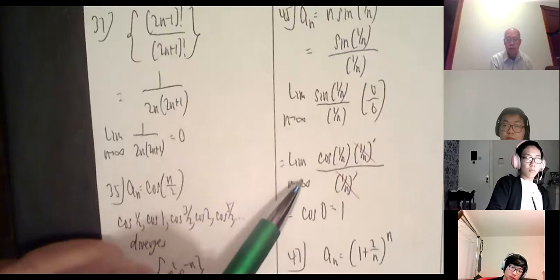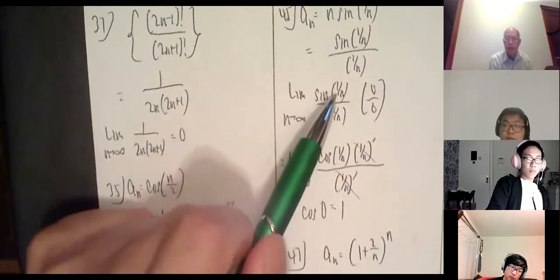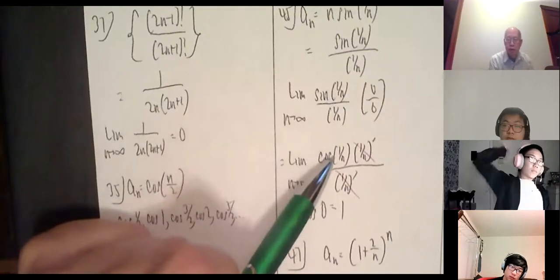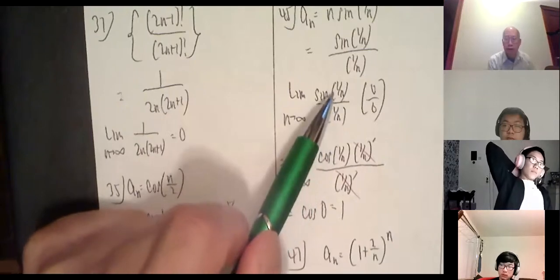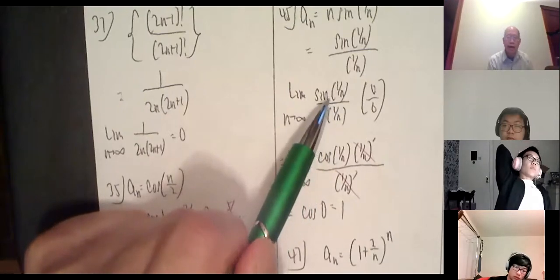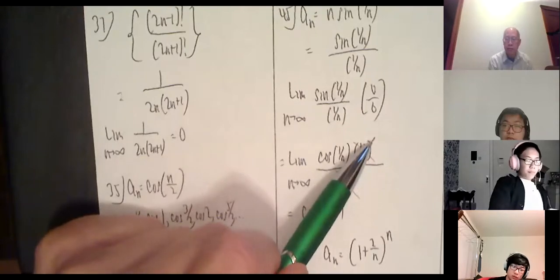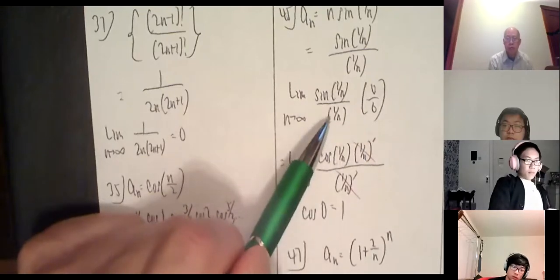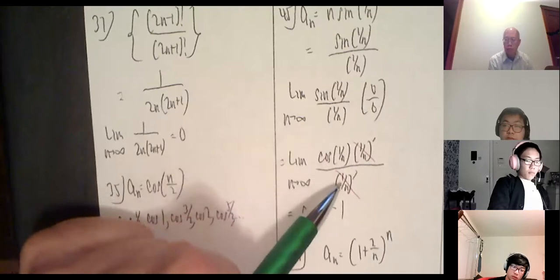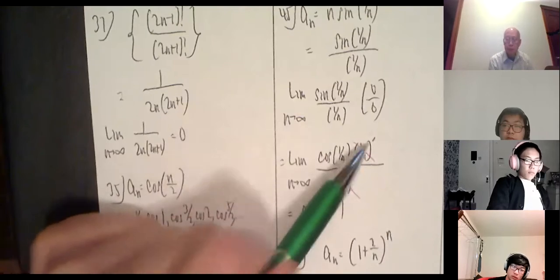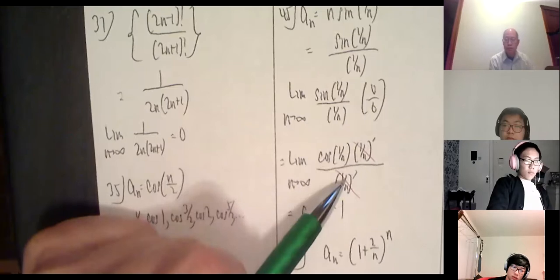So, limit as n approaches infinity. The derivative of sine of 1 over n is cosine of 1 over n times the derivative of 1 over n. I could work it out, but I don't have to. Let me just write it as 1 over n prime. By L'Hopital's rule, I'm supposed to differentiate the bottom, 1 over n prime. So 1 over n prime cancels.